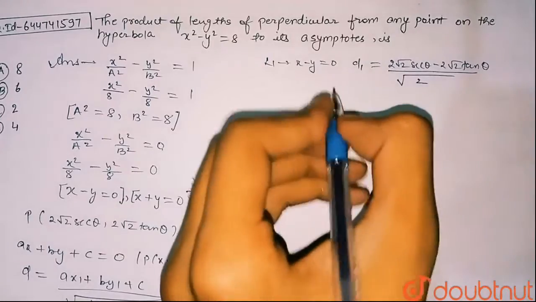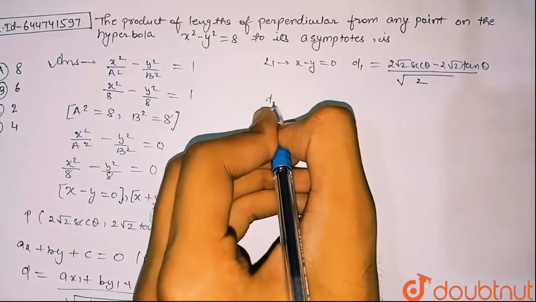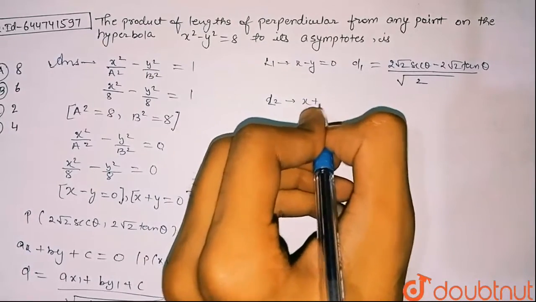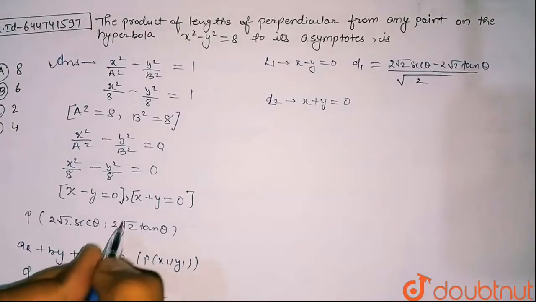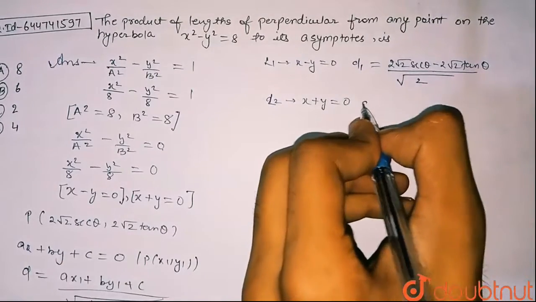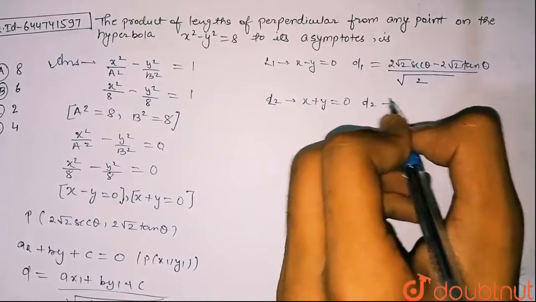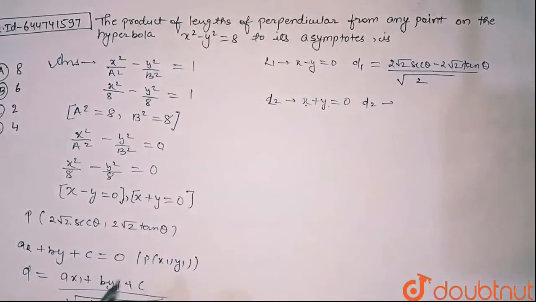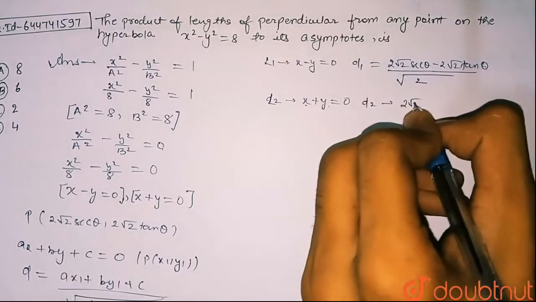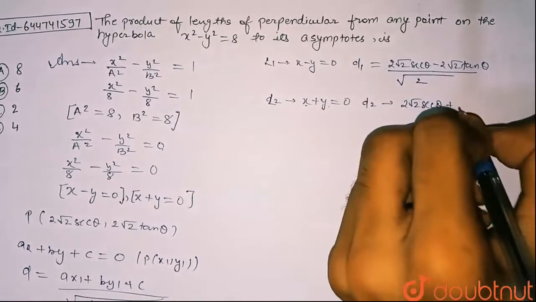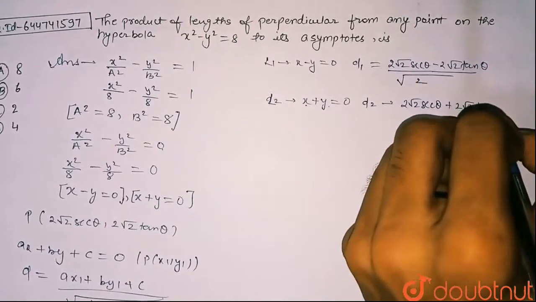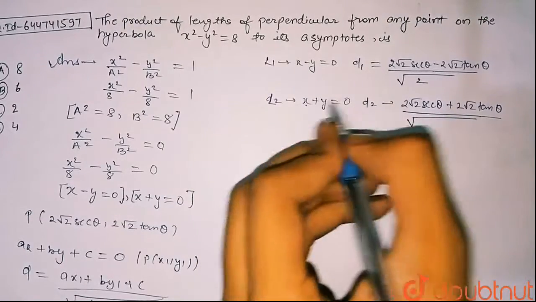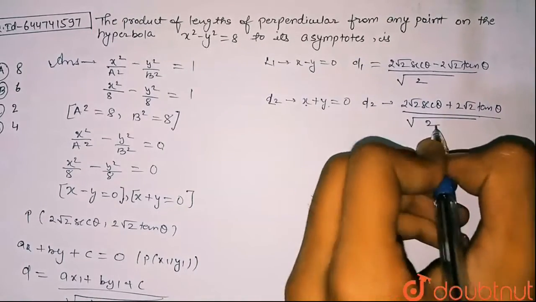So this is the first distance. Now our second distance d2 is for line l2, x plus y equal to 0, which is the second asymptote of this hyperbola. Substituting the point in the formula, d2 is 2 root 2 sec theta plus 2 root 2 tan theta, divided by root of 1 square plus 1 square, which is also root 2.